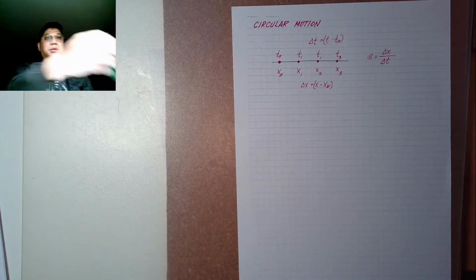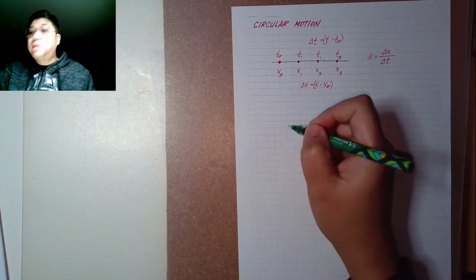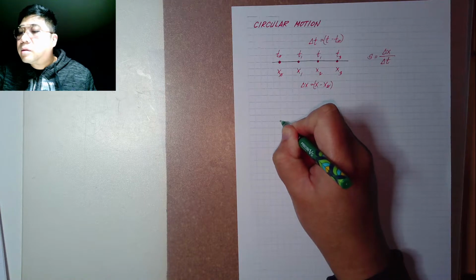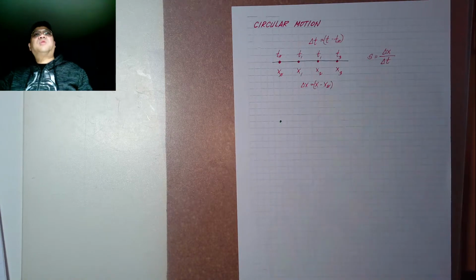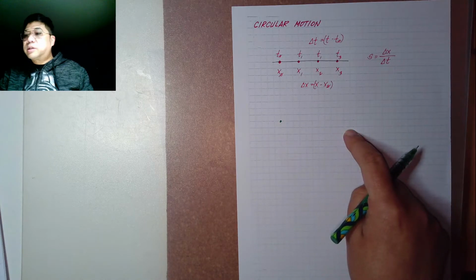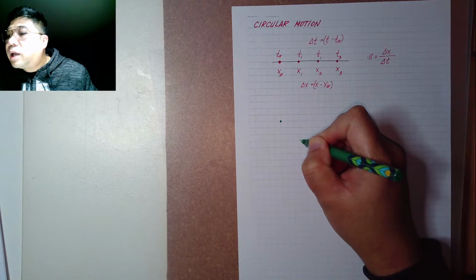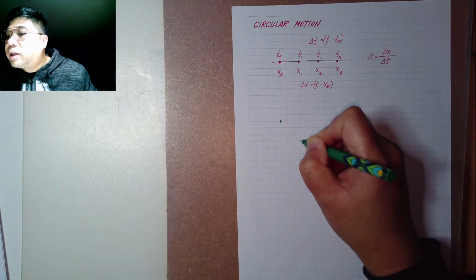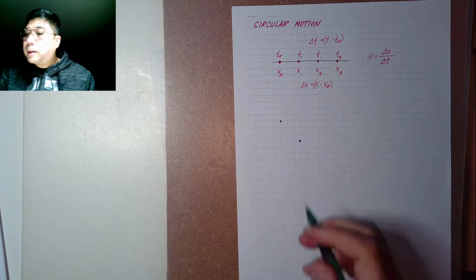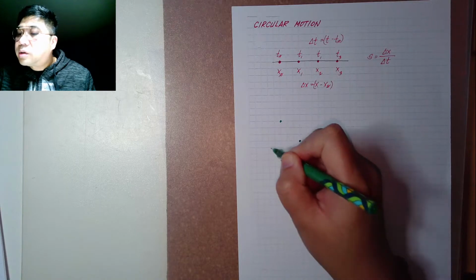So let me use the green pen. Let's say you start at t equals t sub 0 at this point. But instead of going in a straight line, something is preventing it from going in a straight line. Now it is going in circles.